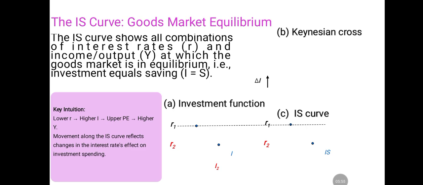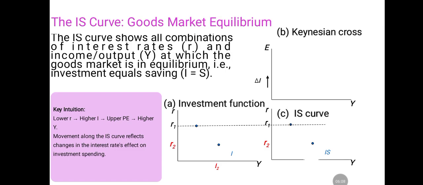In this slide, there are three panels. The first panel is the investment function, the second panel is the Keynesian cross, and the third panel is the IS curve. For example, in the Keynesian cross, this is actual expenditure and this is planned expenditure, and the income is at Y1.